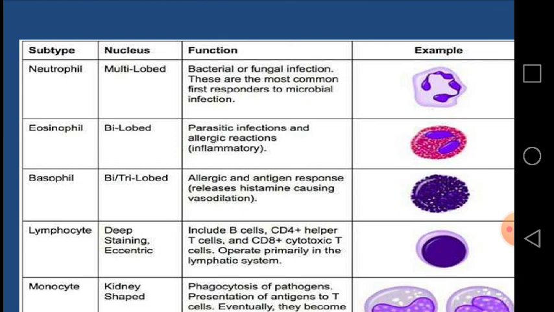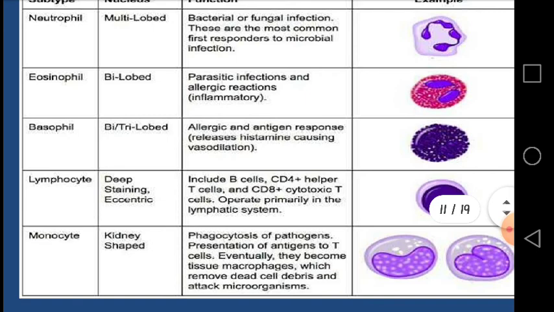Lymphocytes have deep staining eccentric nuclei, and operate primarily in the lymphatic system. Monocytes have kidney-shaped nuclei, and the main function is the phagocytosis of the pathogens, presentation of antigens to T cells.